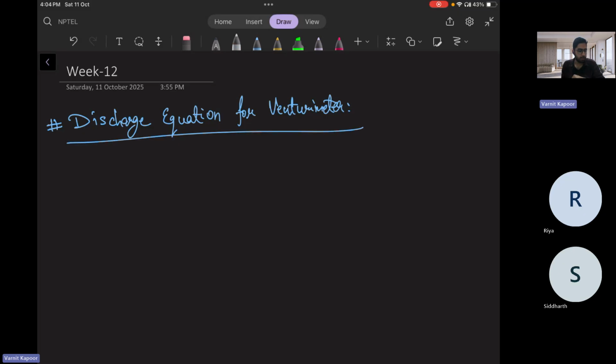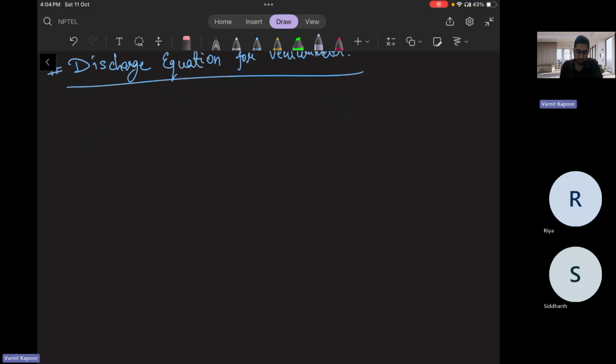So let us first frame a diagram of a Venturi meter, a general diagram where we have a converging section, a throat section, and a diverging section.